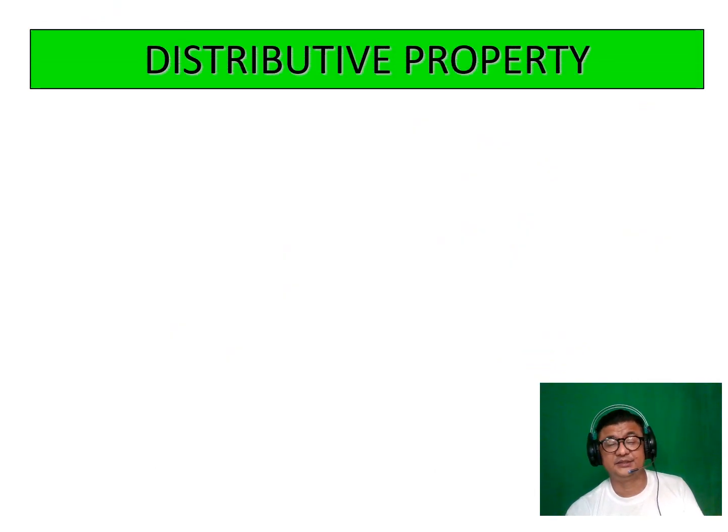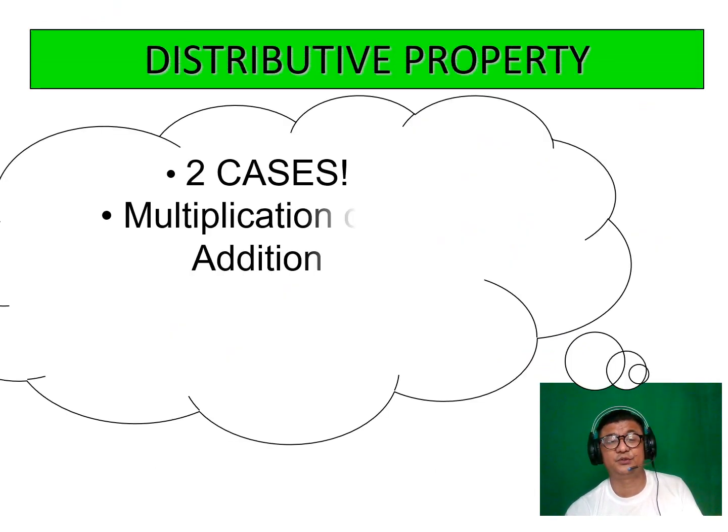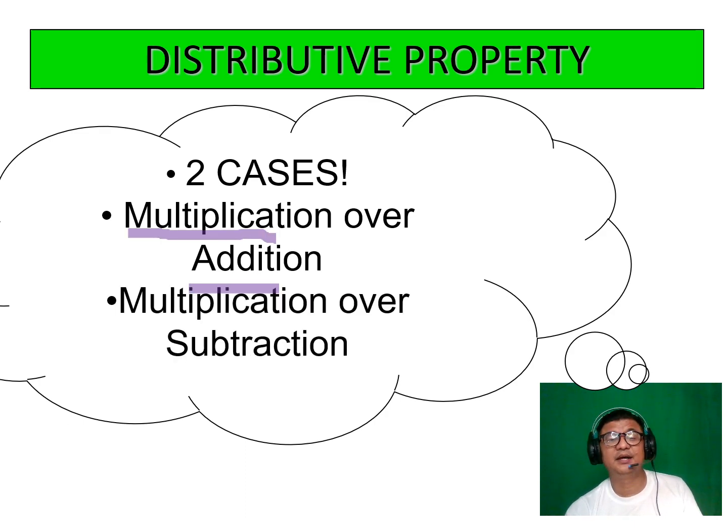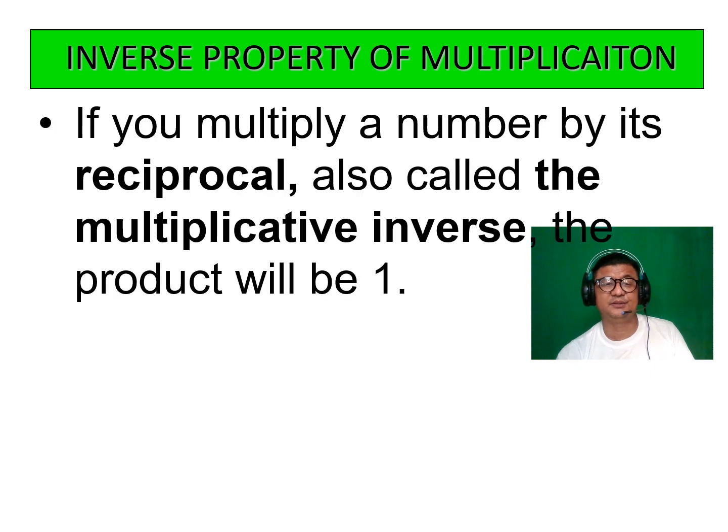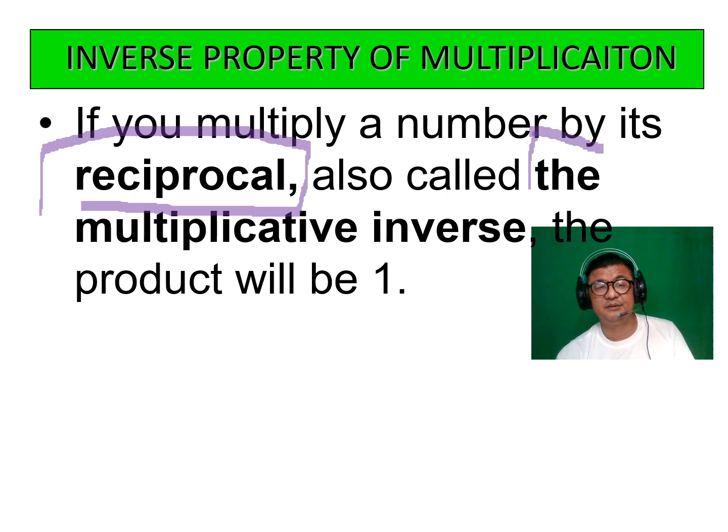Now let's summarize. The distributive property works for two cases: multiplication over addition and multiplication over subtraction. Okay, so remember that. Next, another property, one last property. If you multiply a number by its reciprocal, you've heard this, remember when you're dividing, another name for reciprocal is the multiplicative inverse.